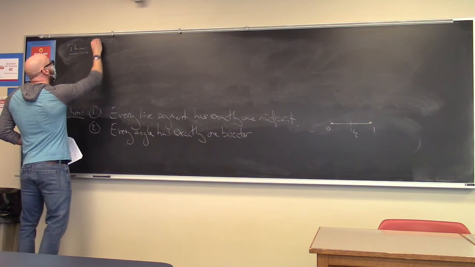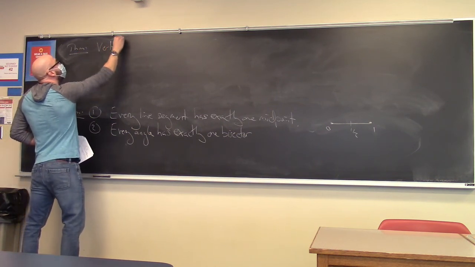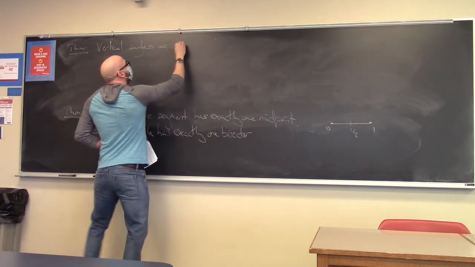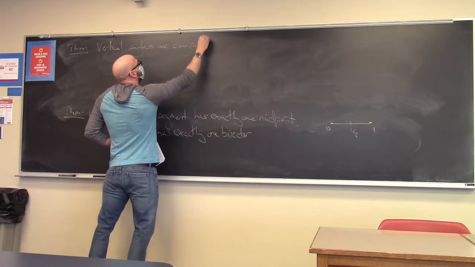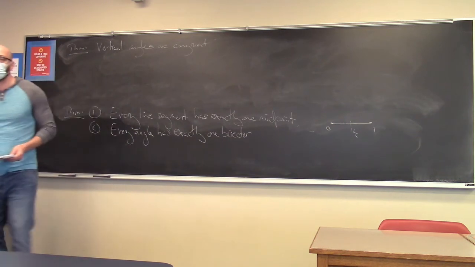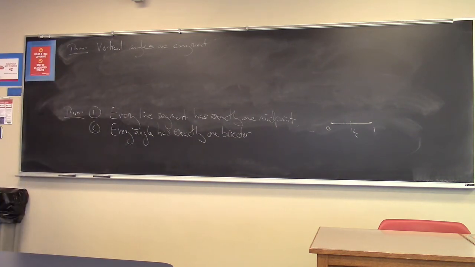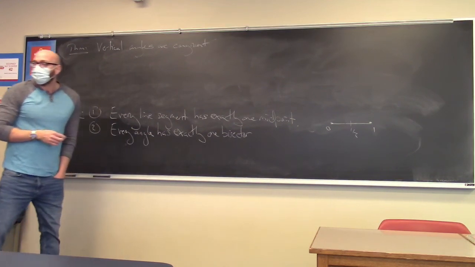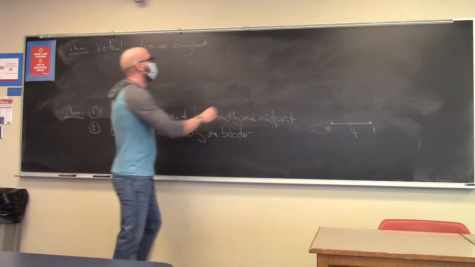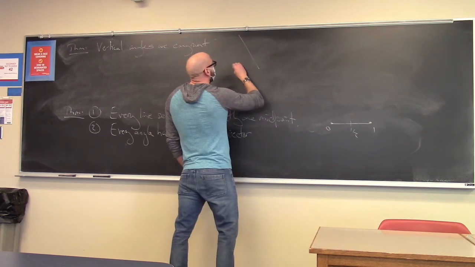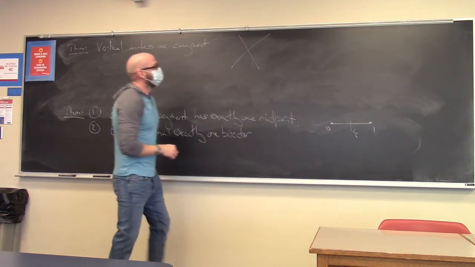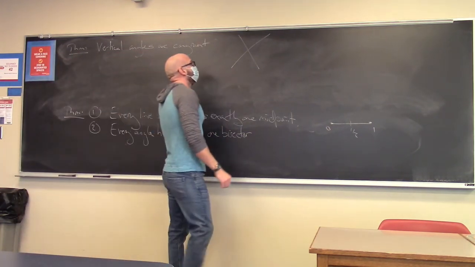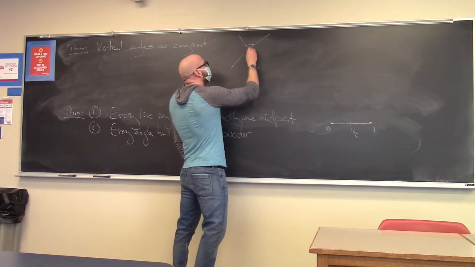Let's see. Theorem, this is from Geometry 1: vertical angles are congruent. Again, if you didn't take Geometry 1 or you haven't thought about geometry in a long time, a vertical angle is just, take two transversals or two intersecting lines. The two opposite angles are vertical.